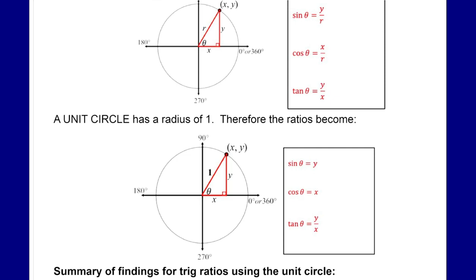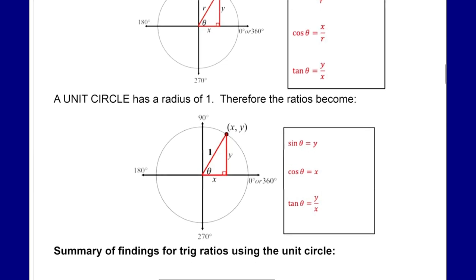When we look at sine theta and cos theta on a unit circle, we can see that sine refers to the y, or the vertical portion, and cos refers to x, or the horizontal portion.